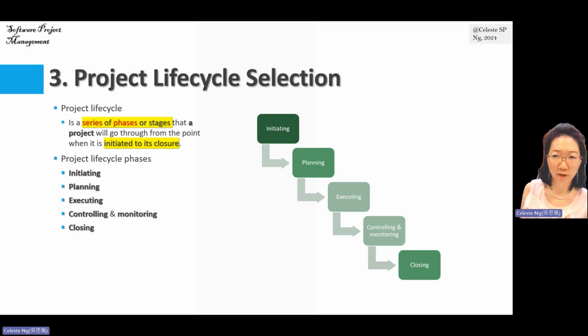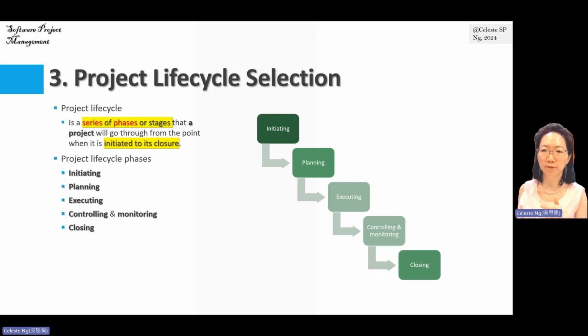During the initiating phase, usually the project owner or the project sponsor will create a business case, analyzing the cost and benefit, the justification for a project. The project owner will also identify the right project manager for the project.